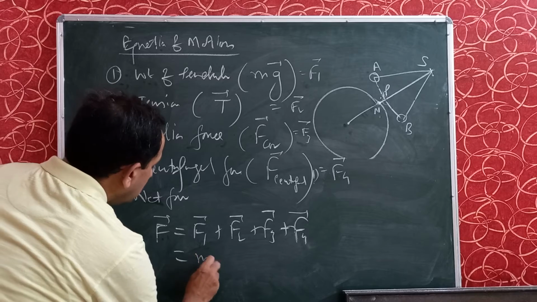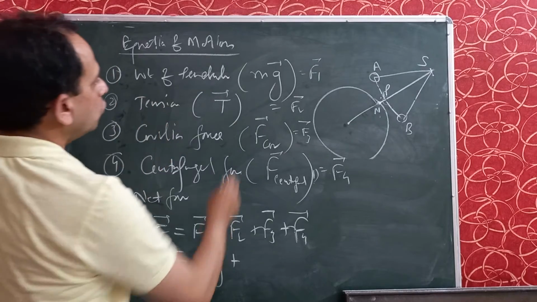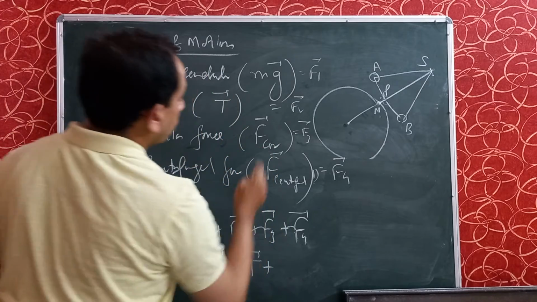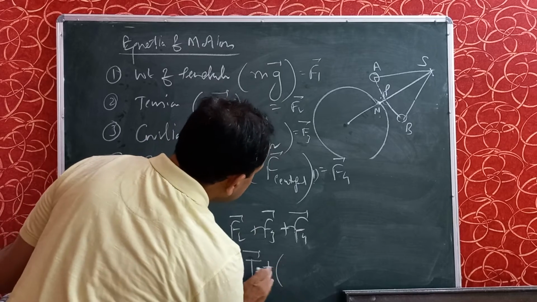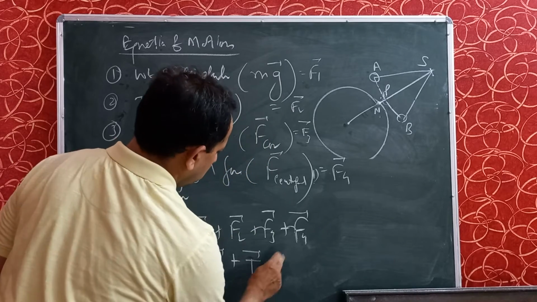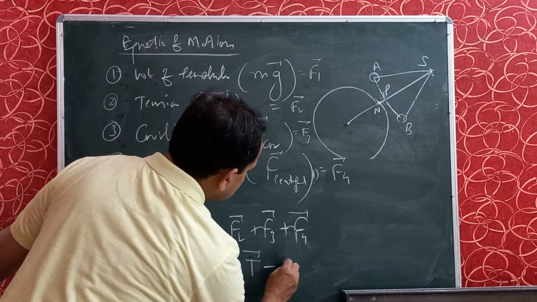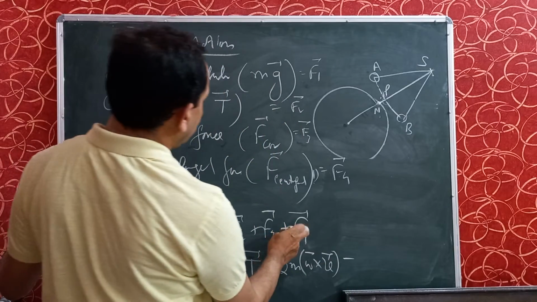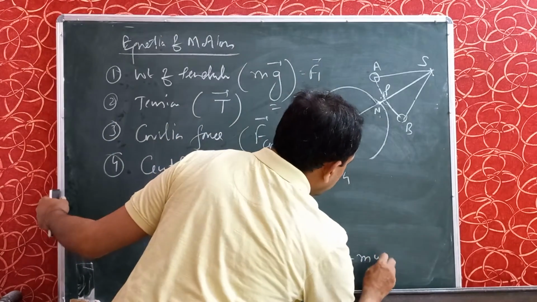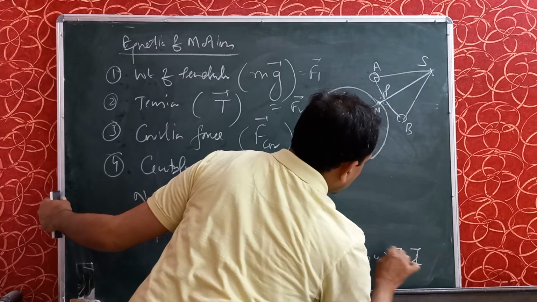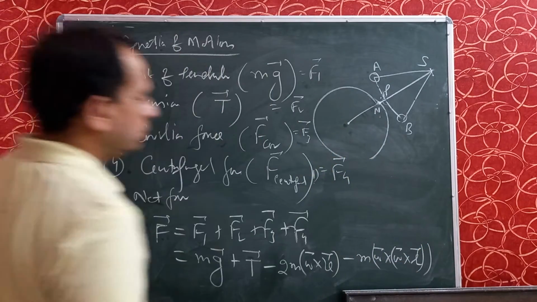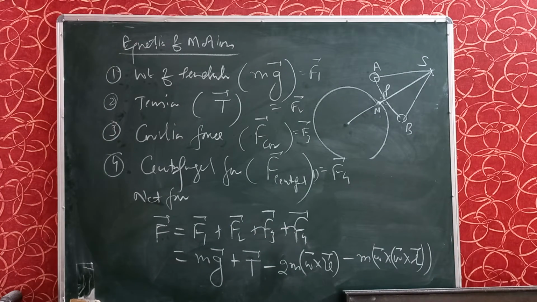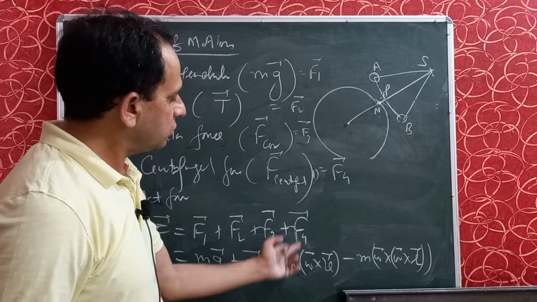What is F1? It is m into g vector, plus F2, which is T vector, the tension, plus F3, the Coriolis force. What is the Coriolis force? It is minus 2m omega cross V, and the centrifugal force is m omega cross R. So there are four forces.